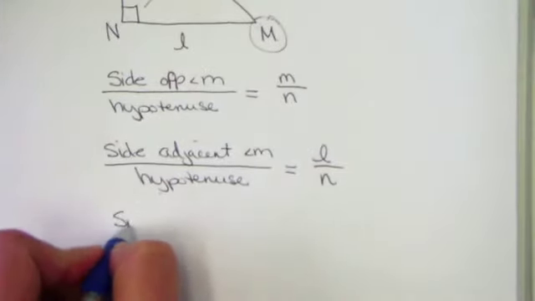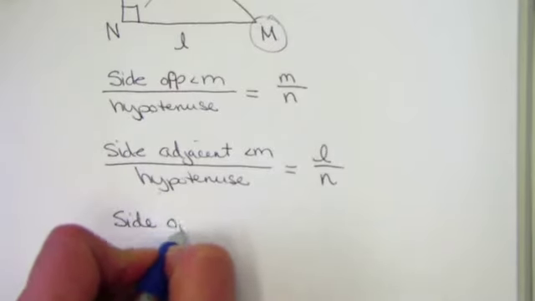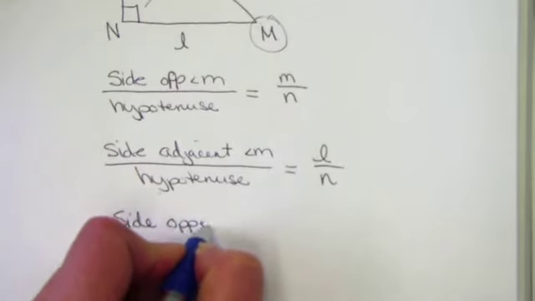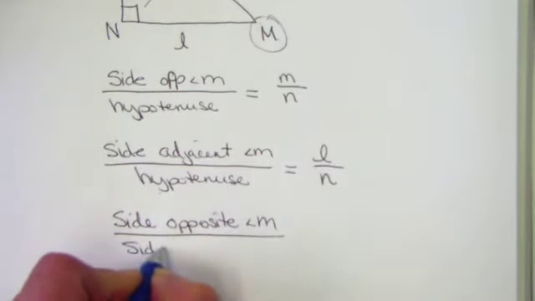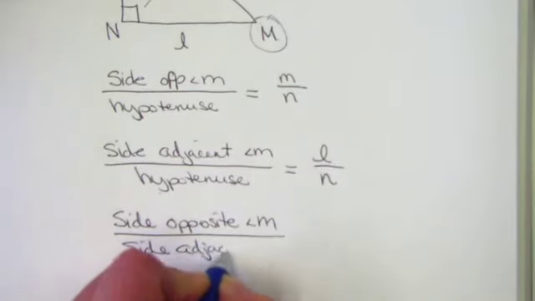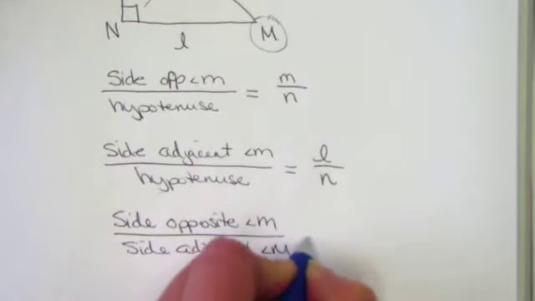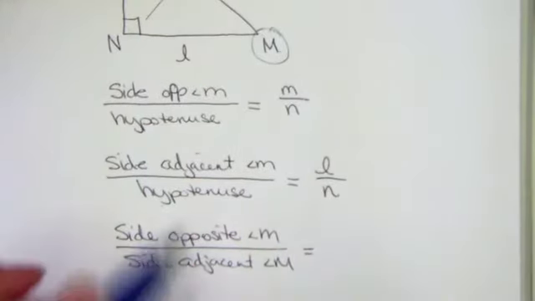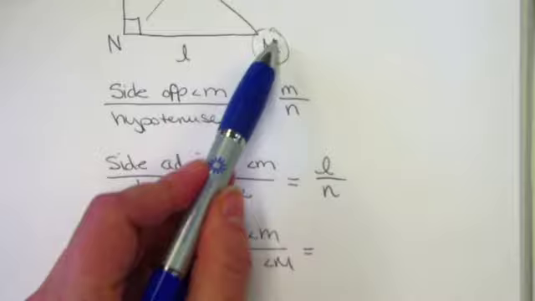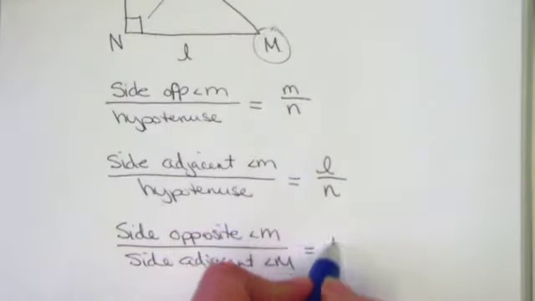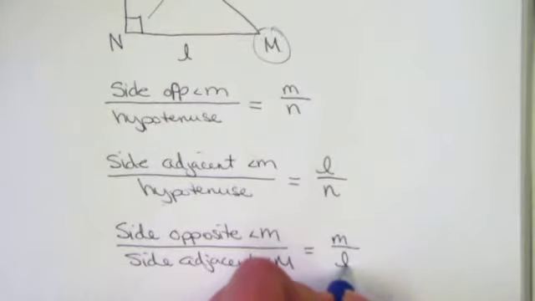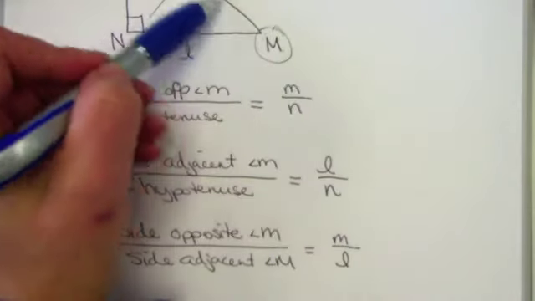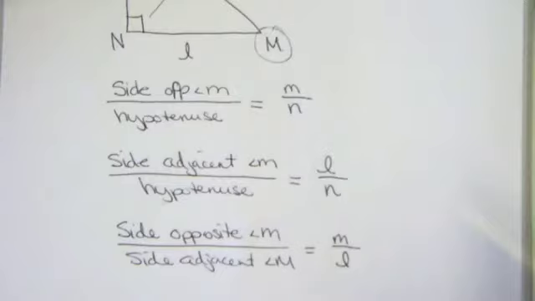If I asked for the side opposite angle M over the side adjacent angle M, again, I would look at angle M. Opposite angle M would be little m. Adjacent to M would be L. Again, this is the hypotenuse. It is not adjacent.